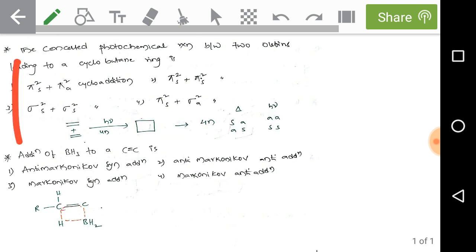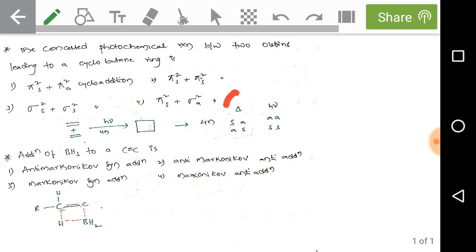Next one, the concerted photochemical reaction between two olefins leading to a cyclobutane ring is. So here we have two olefins going through a concerted mechanism producing cyclobutane, and here a 4-pi system is involved under photochemical condition, so suprafacial-antarafacial addition leads to the stable allowed product.